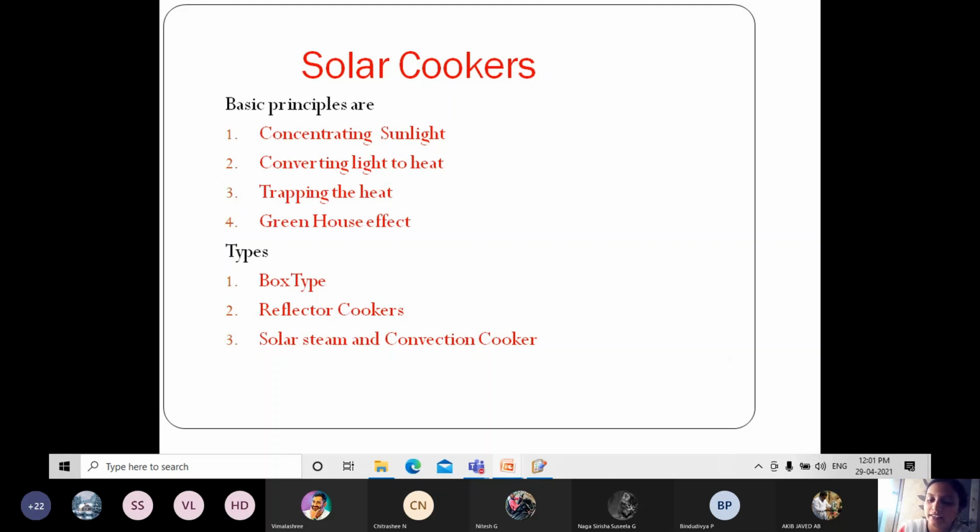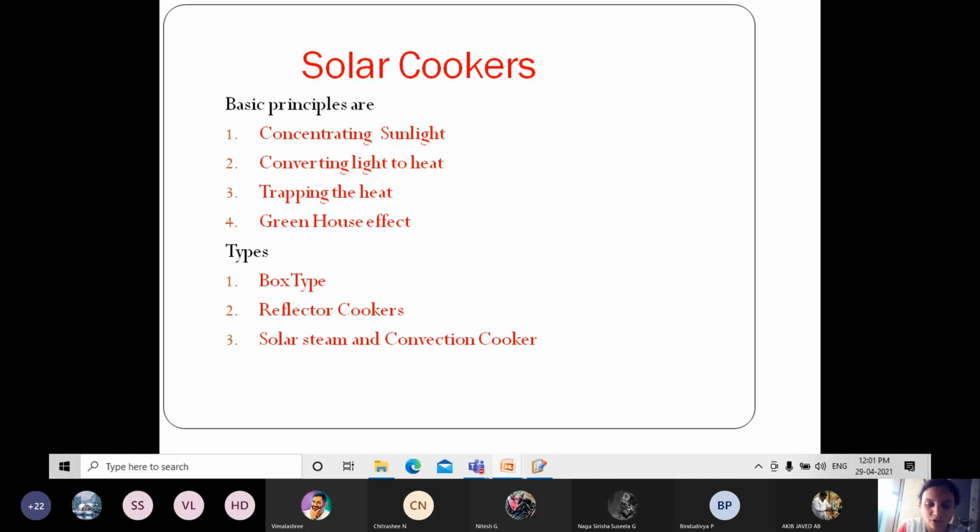For example, I have already talked about concentrating collectors. In concentrating collectors, they use a reflector, that is, reflector or mirror lenses. They are used to absorb the heat from the sun.